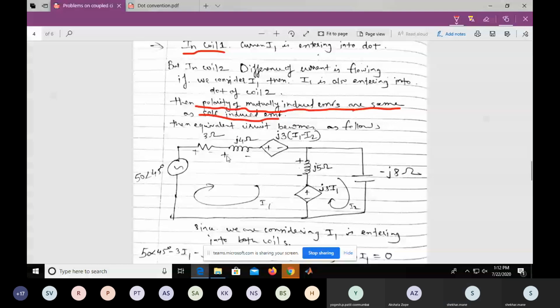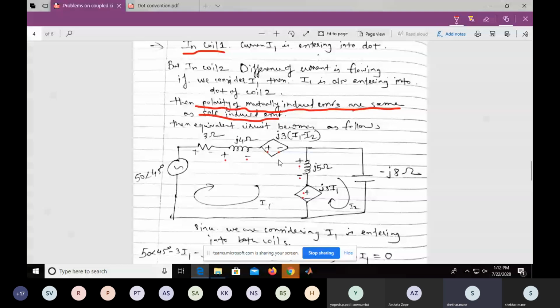See, the polarity of the mutually induced EMF is the same. Positive, negative, positive, negative. Because we are considering I1 is entering the dot of coil 2, that's why the polarities are the same, and in the middle branch also.